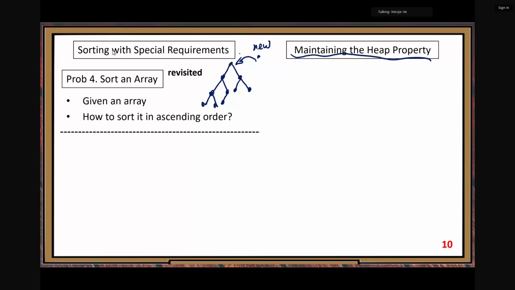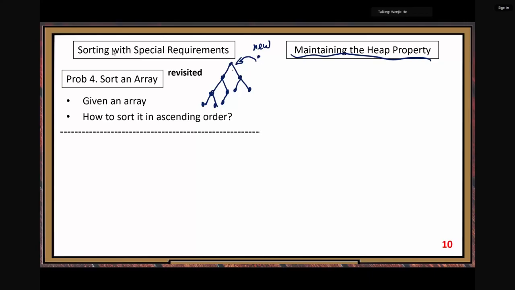After insertion, we want to recover it to another max heap. We don't want to break the max heap property. We still want to maintain the max heap property.